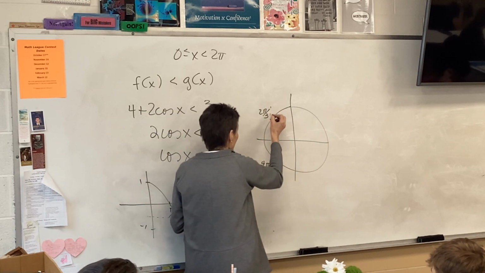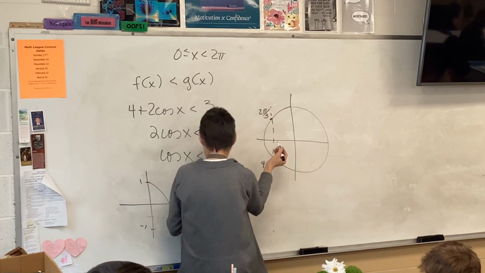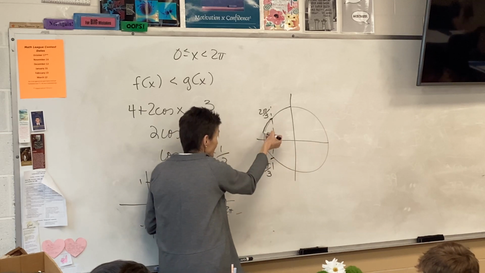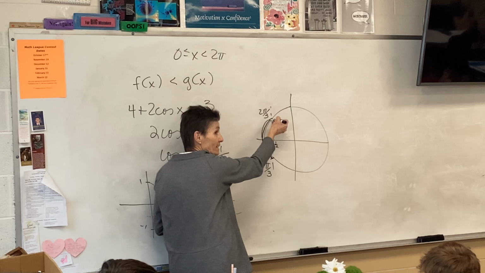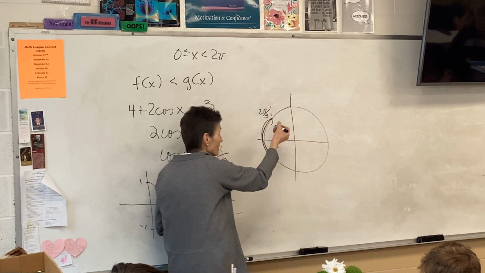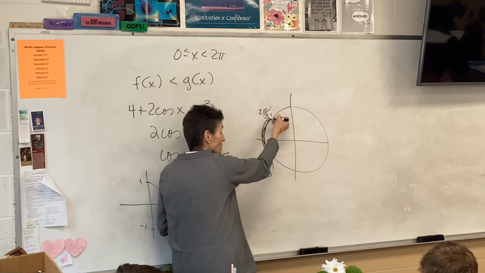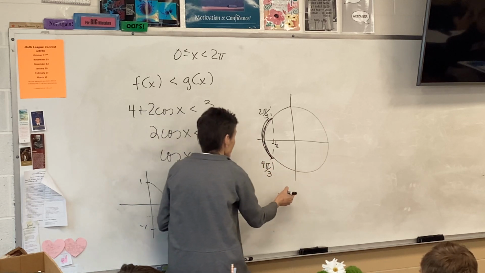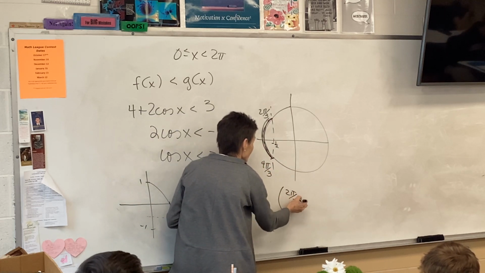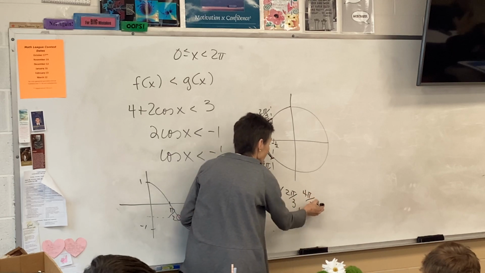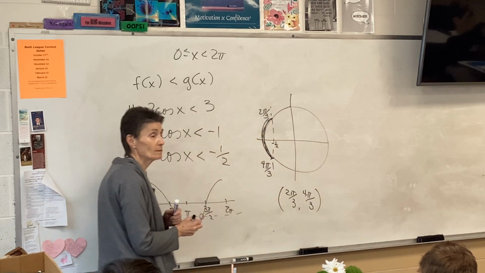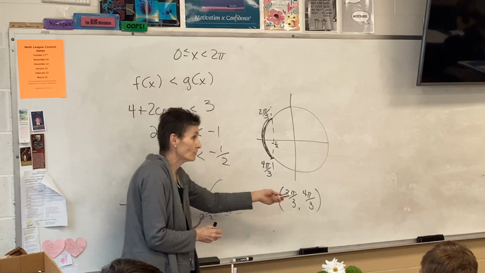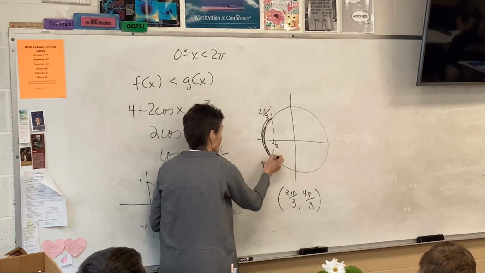Here is where x is -1/2. Where is it less than -1/2? It's x's now, so I'm going left and right. Isn't this where the x's are less than -1/2? So the answer would be everything between 2 pi over 3 and 4 pi over 3. And it's a less than, so I use open intervals, because even though I color those in, they're really open.